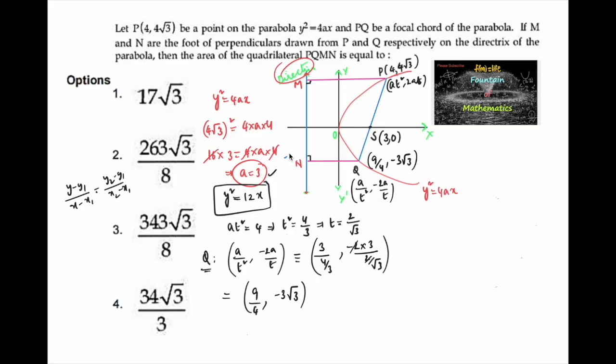So N is (0, minus 3 root 3), and M can be taken as (0, 4 root 3). So the distance MN is equal to, we can find the distance MN is 7 root 3.